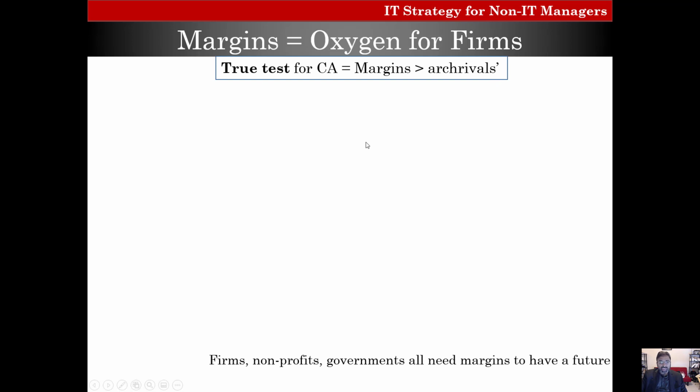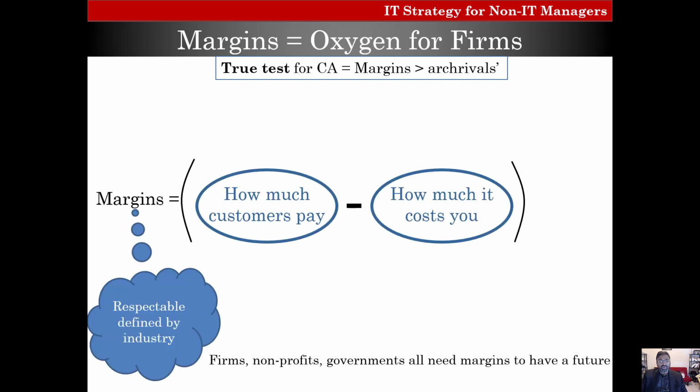Now, it's not just for-profit firms that need margins. Non-profits, governments, all need to have some kind of margins to have a future. And margins, the respectable range is what's defined by an industry. It's the difference between how much customers will pay and how much it costs you.